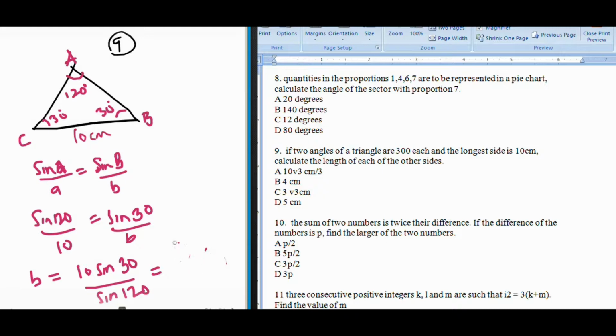The 2 in 20 is 10, so that is 10 over root 3. Now rationalizing the denominator, that will give us 10 root 3 over 3 centimeters. And that is option A.